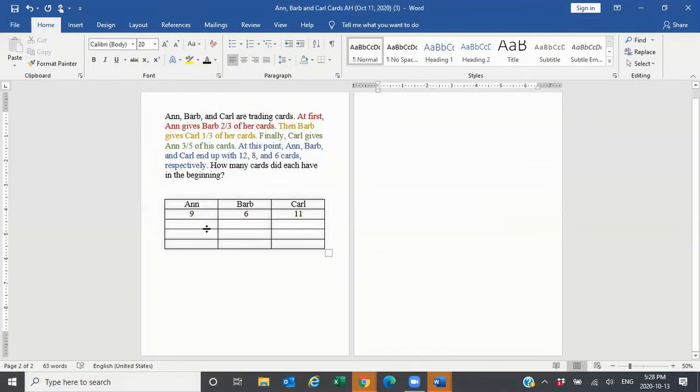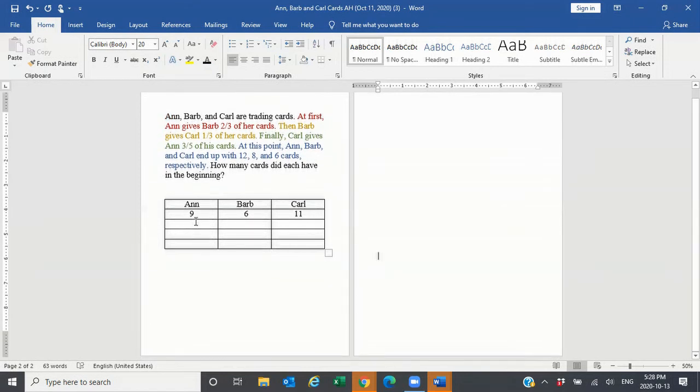Now we do the red sentence. It says, at first Anne gives Barb 2/3 of her cards. Well, 2/3 is 6, of course, because she has 9, that must be 3/3. If she gives Barb 2/3, that will be 6.